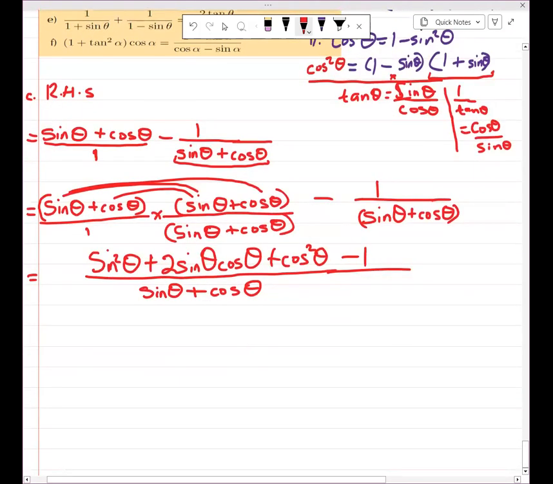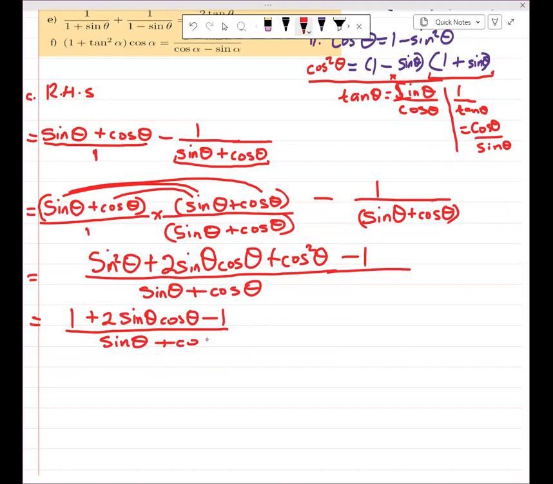Okay, and then this becomes, remember, sine squared plus cos squared is 1. So you're going to have 1 plus 2 sine theta cos theta minus 1 over sine theta plus cos theta.